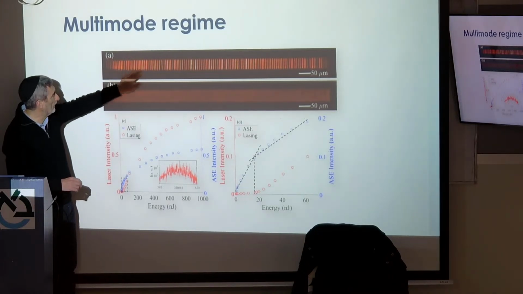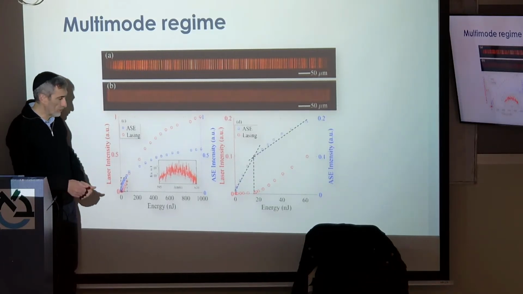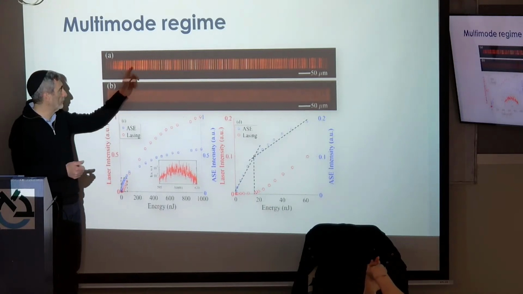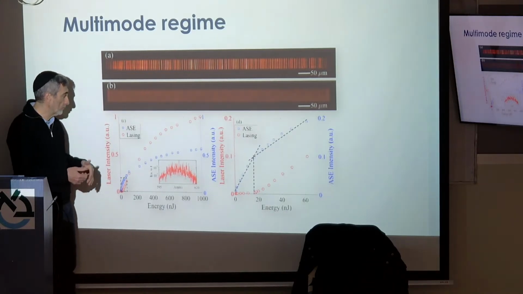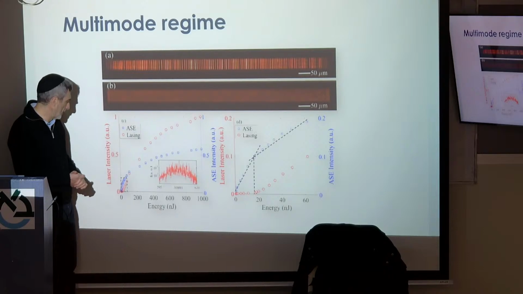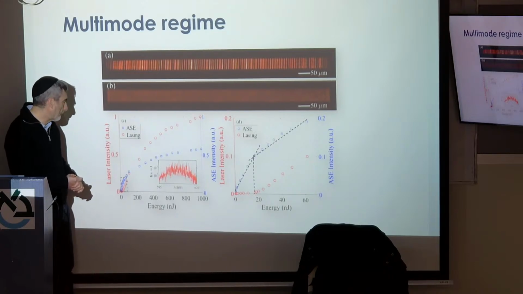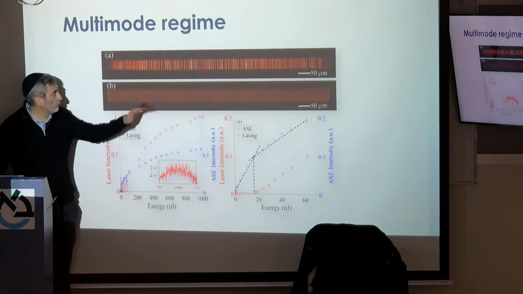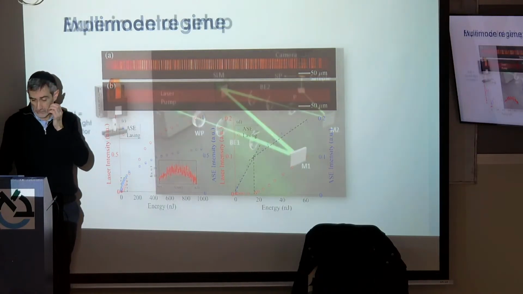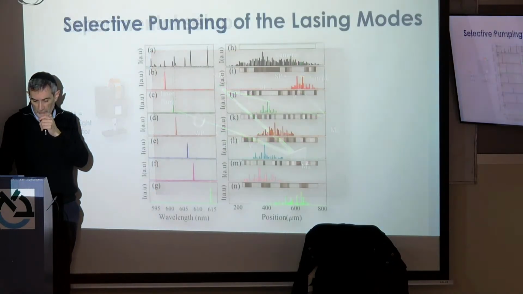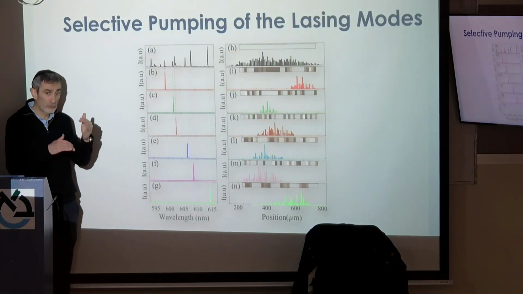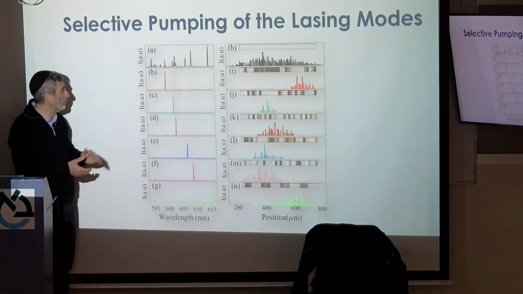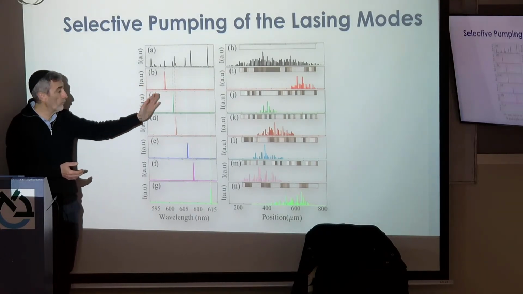Above threshold, you start to see emission, and the emission gets out of the sample through the grooves, which are scattering the light. I don't want to describe that. Then we control the emission using a spatial light modulator, and by controlling the pump, we can control the emission and select the modes one by one.